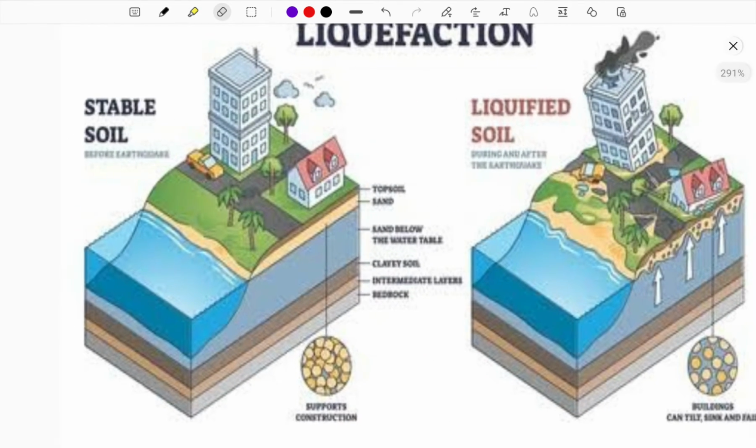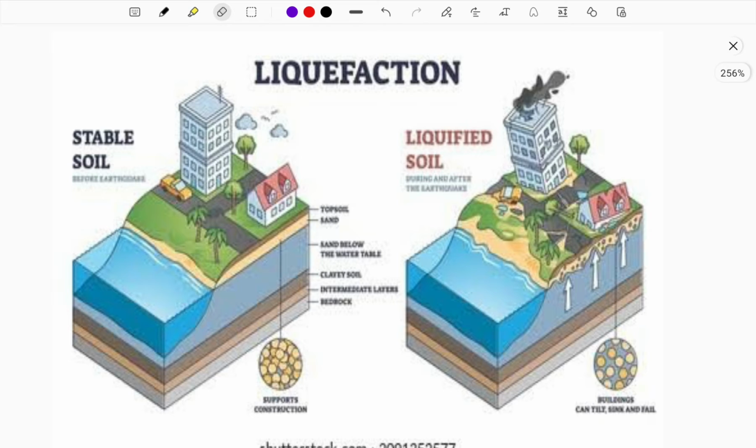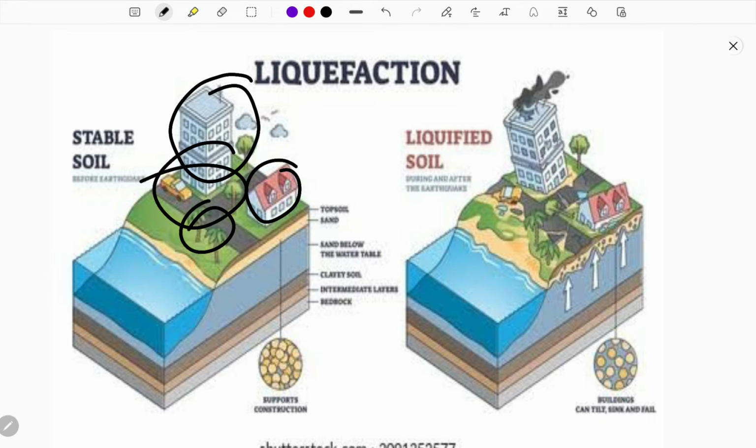So let us see liquefaction through clear-cut image-oriented learning. This is a very important concept in geography. All the buildings and structures are stable on the surface only if the subsurface soil is stable. But when soil interacts with external forces or stress, things change.